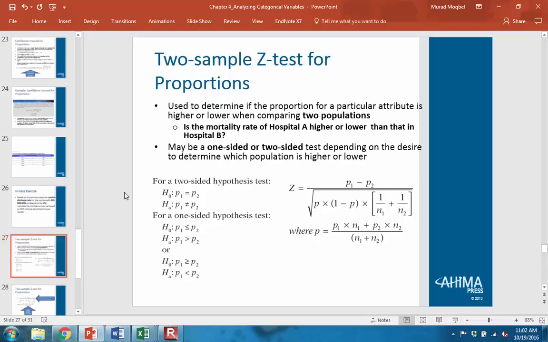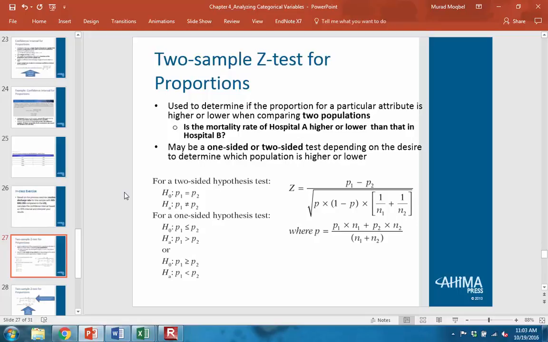But if it is already telling us the direction, whether it is going to be lower or more, for example proportion A is going to be more than proportion B, then it is one-sided, because it's already told us the direction. I hope that's clear. I've talked about it in the previous lecture, but it's good to refresh.